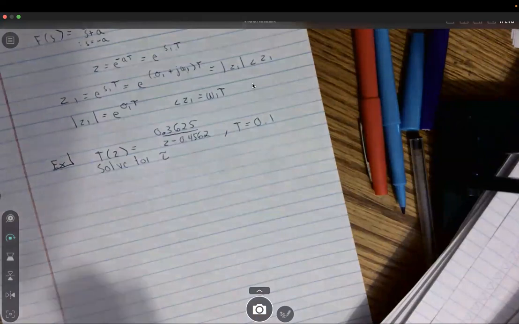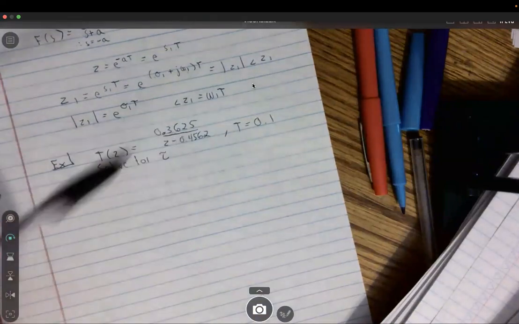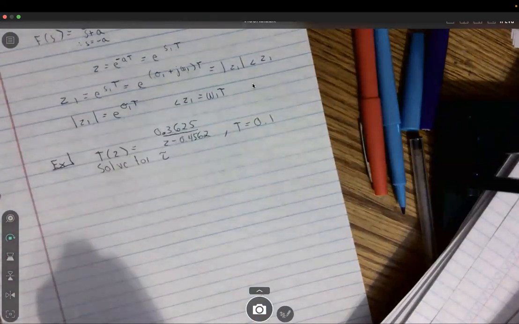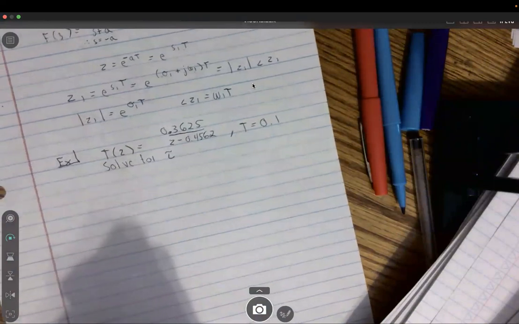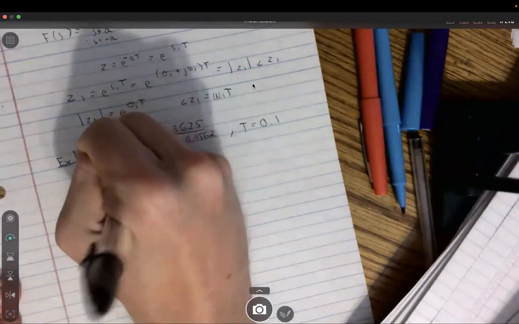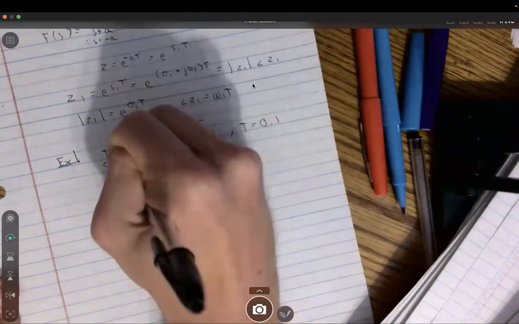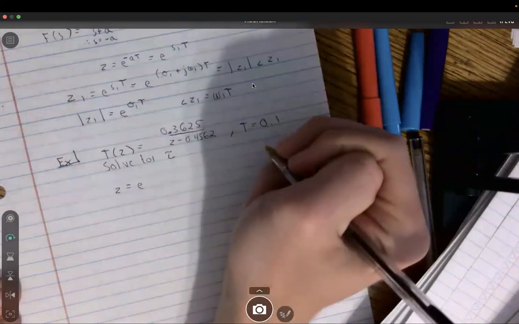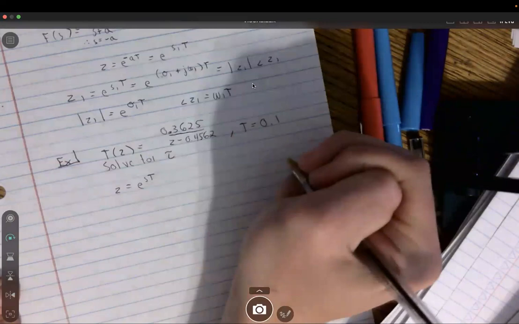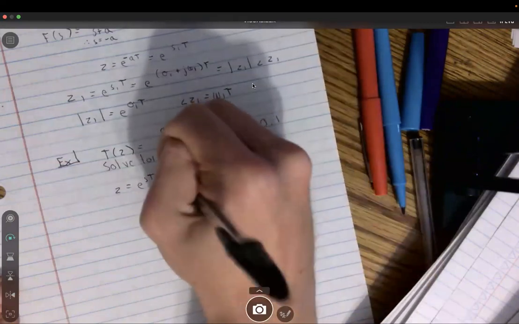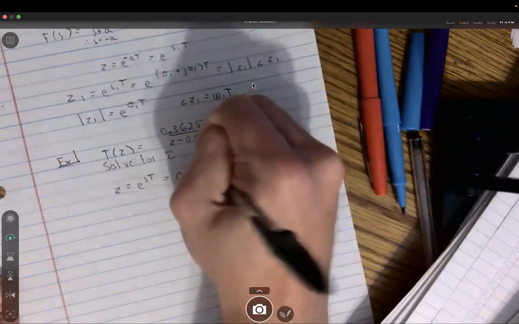Okay, so right off the bat, there's only one pole, right? So this is a first order system. Solving specifically, our pole is going to be at e to the ST, and here that's technically equal to 0.4562, where our pole is occurring.